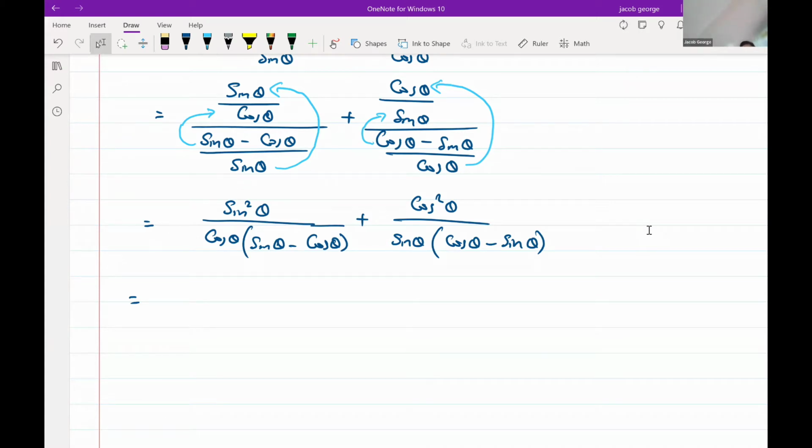Next is, from this term, we will take a minus sign outside. Minus outside, then it is sin theta minus cos theta.